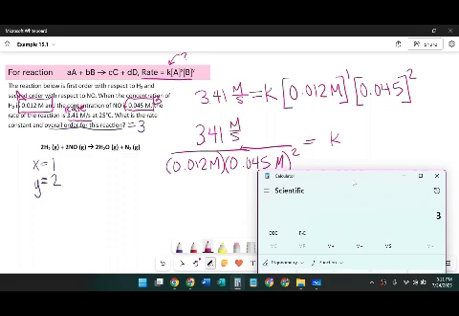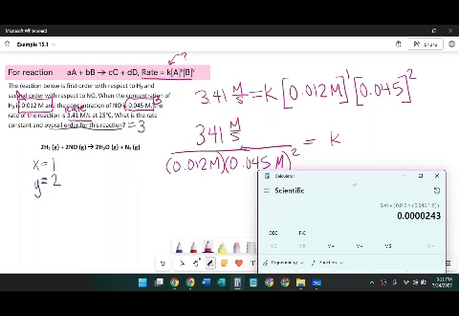All right, so 3.41 divided by, and everything on the bottom is going to be in parentheses, 0.012 times, and I'm going to put this next piece in parentheses, 0.045 to the second.